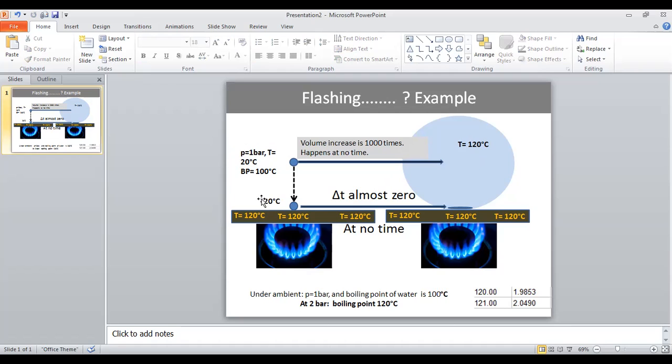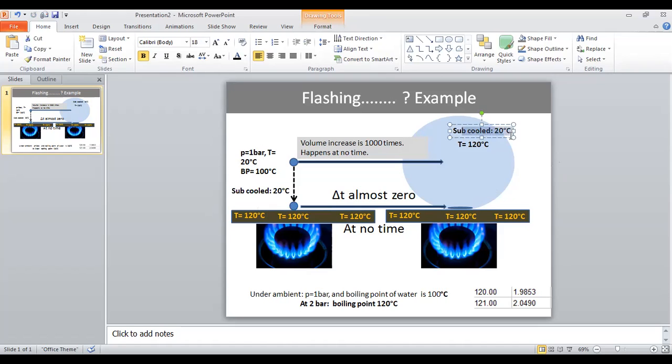this is subcooled. Subcooled means below the saturation, below the saturation condition, which means below the boiling point. Subcooled 20 degrees. This is superheated.